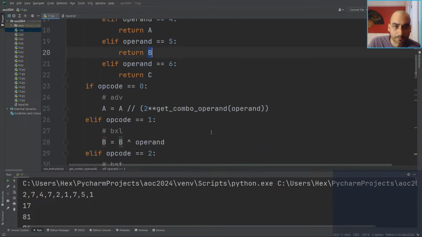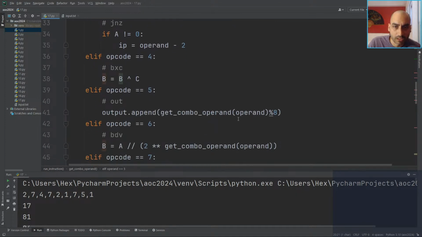It's B. So we want B percent 8. So I have the formula for what B will be at this point. It's a horrible formula though, and I don't see what I can do with that.